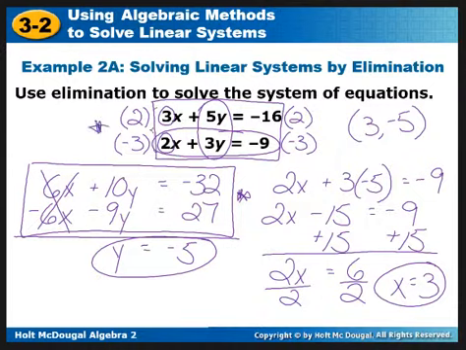What should happen is when you fill 3 in here and -5 in here, this side should be equal to 16 or -16. And the same thing would happen with the bottom. It would have to work for both equations in order to be true. So that's one way that you can check to make sure that your solution point really is a solution point to that particular system of equations.